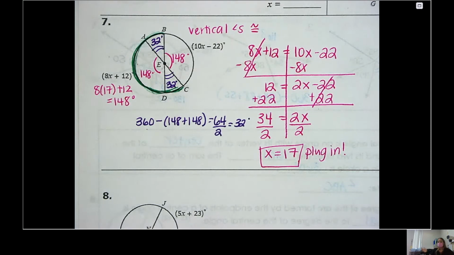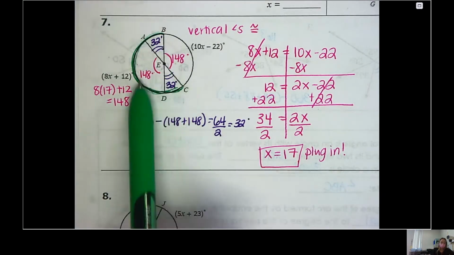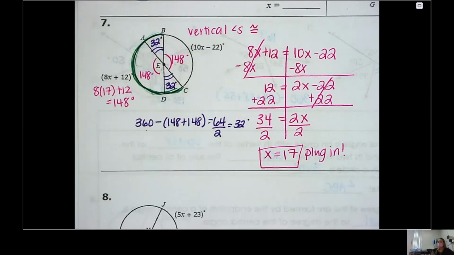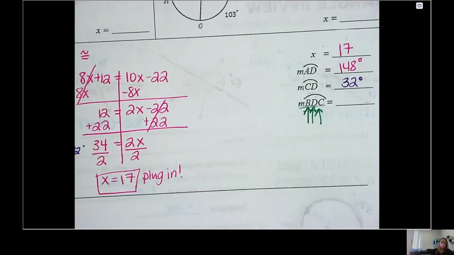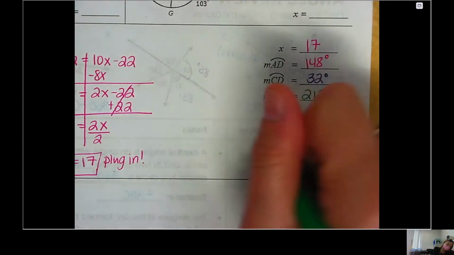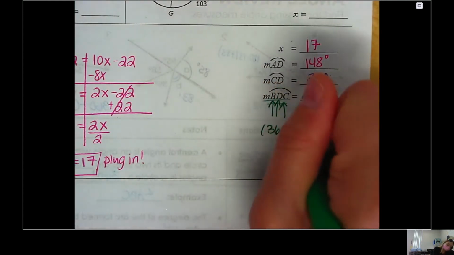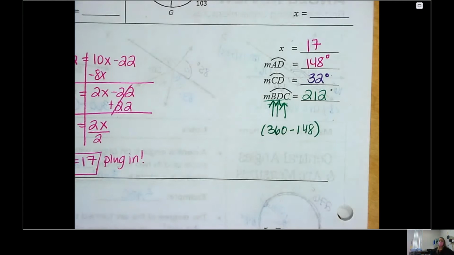Add them. Yeah, add the numbers together that are left over. 32, 148, and 32. Both are going to give you the same answer. You're going to get 212. So I did 360 minus 148 for that one.